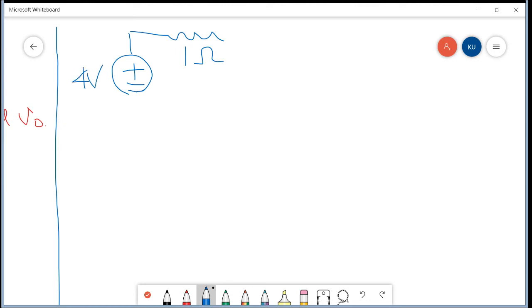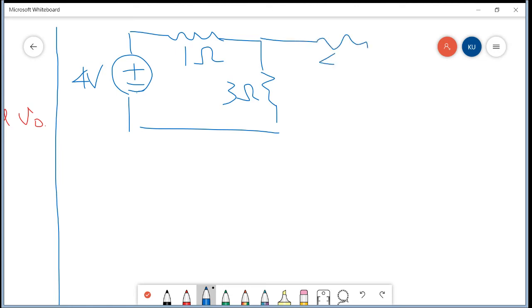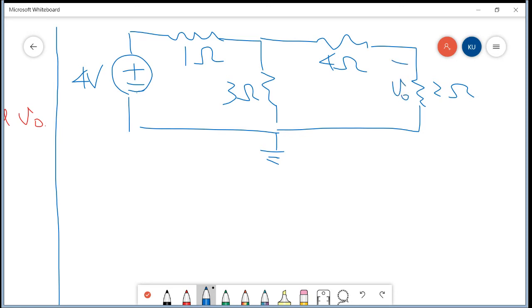So this is 4 volts, 3 ohm, 4 ohm, 2 ohm. Okay. So supposed to find VO.